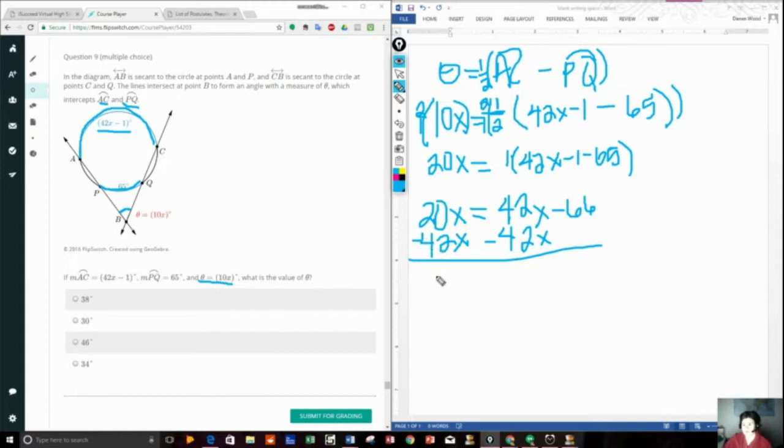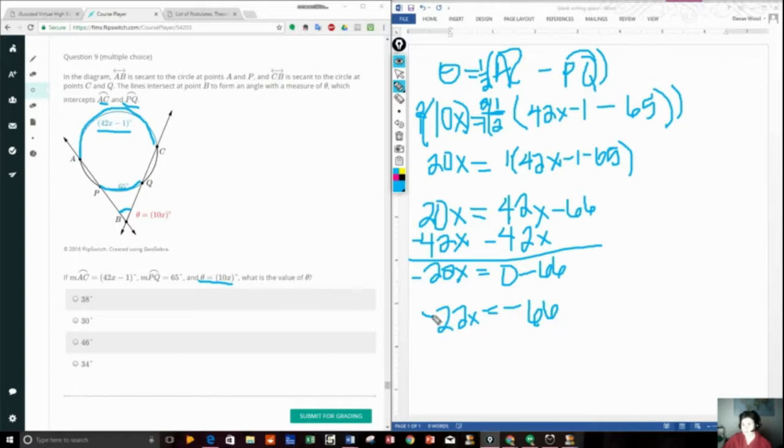So 20x minus 42x is negative 22x, and that equals 42x minus 42x is 0, minus 66. Alright, so then we have negative 22x equals 0 minus 66, which is still just negative 66.